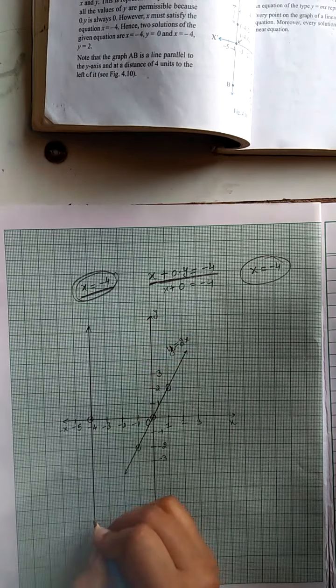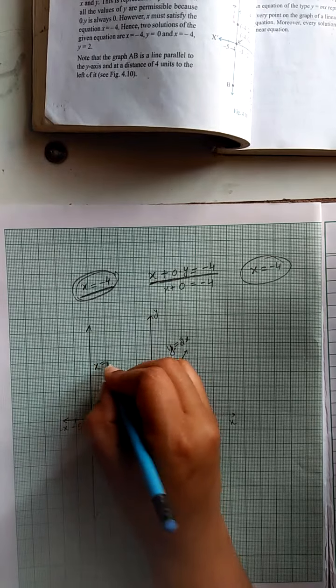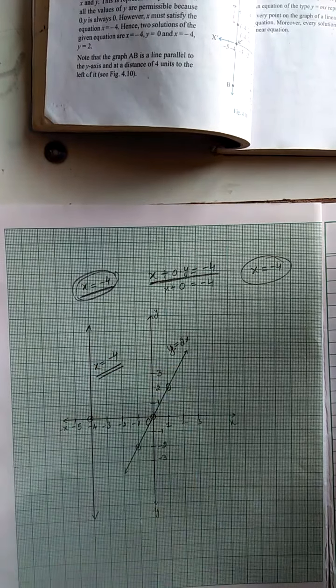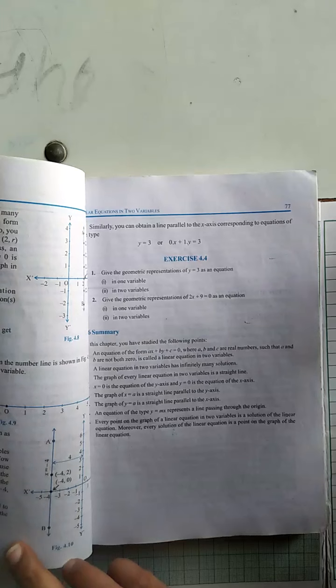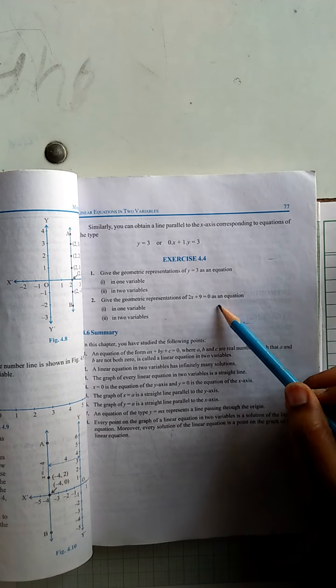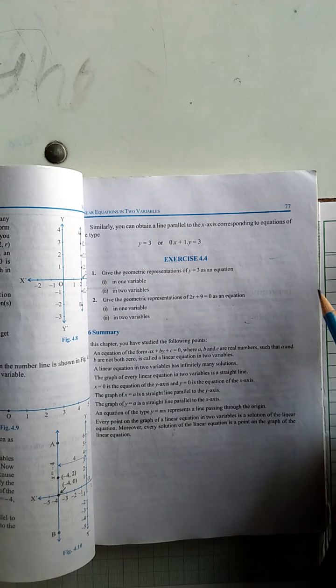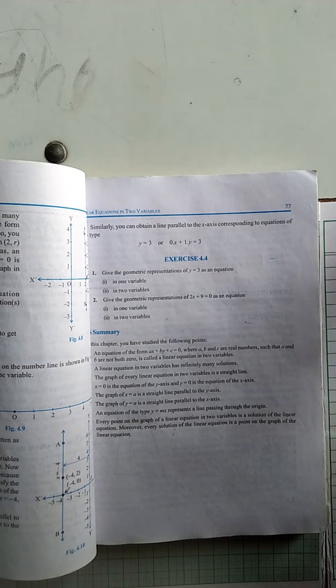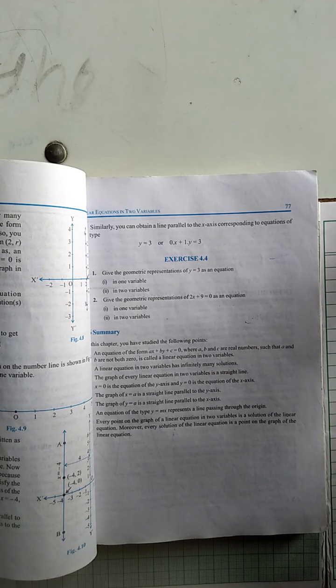So this is x is equal to minus 4. Clear? Next we have exercise 4.4. So you have to solve it on the graph paper, and you have to represent the equation in one variable and two variables. So I hope you understood this exercise.